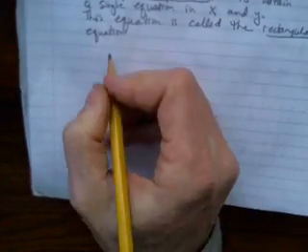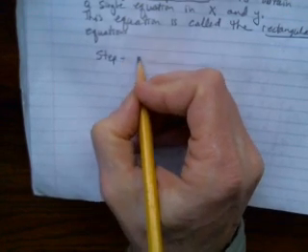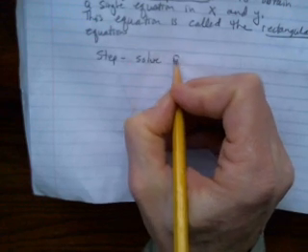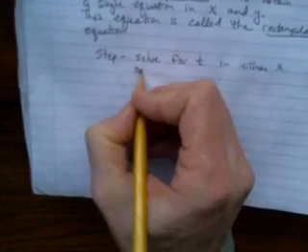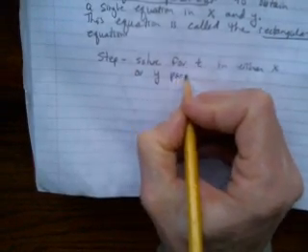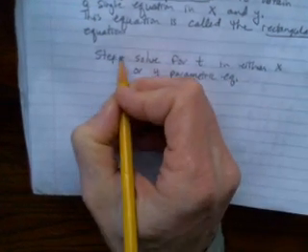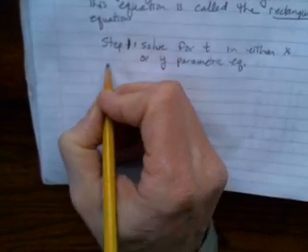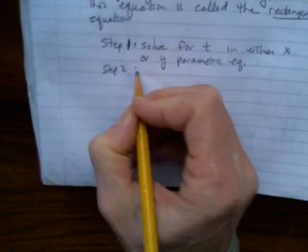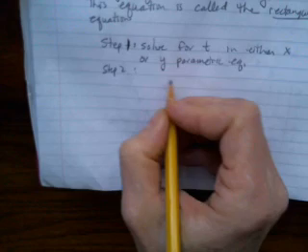And you just go through a couple of steps. It's pretty simple. The first step is to solve for t in either x or y parametric equation. Step 1. And then step 2 is just to substitute in for t into the other parametric equation.